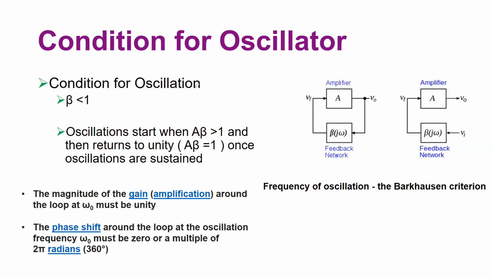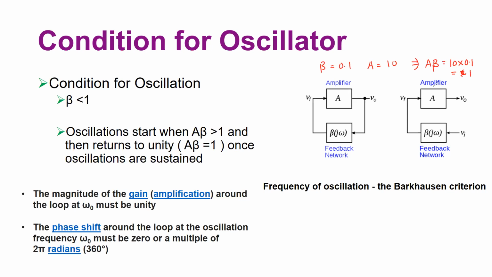Imagine beta is equal to 0.1 and the gain of the amplifier is 10. Then A times beta is equal to 10 multiplied by 0.1, which is 1.